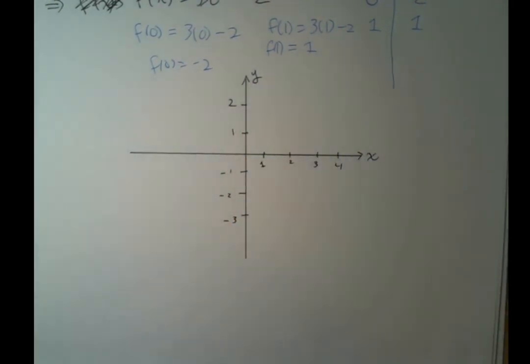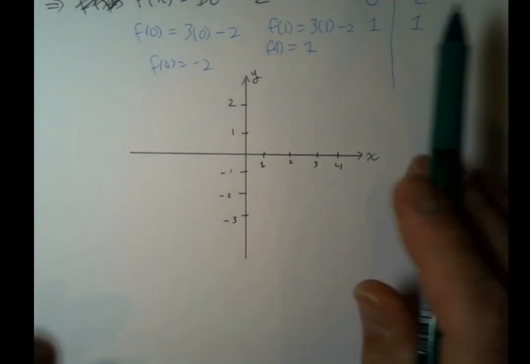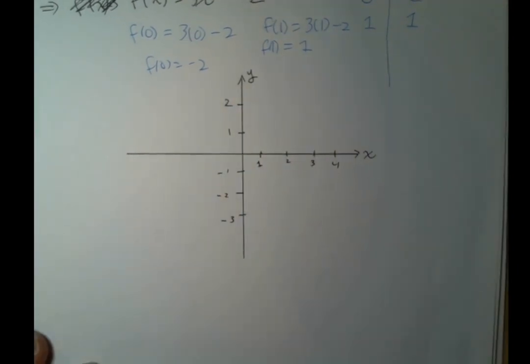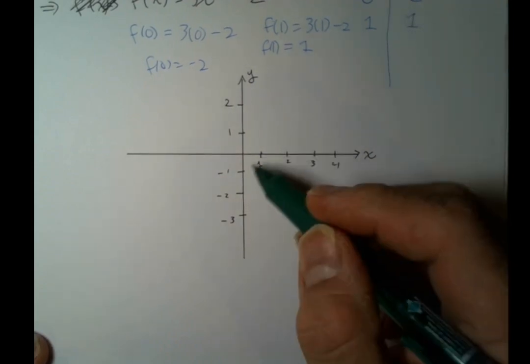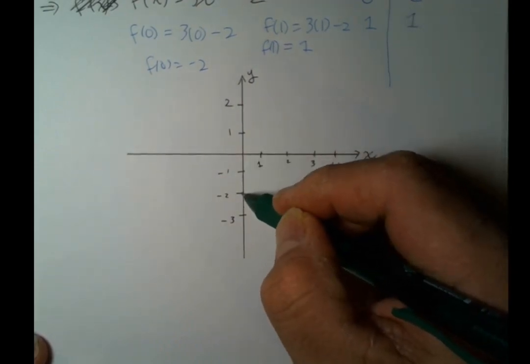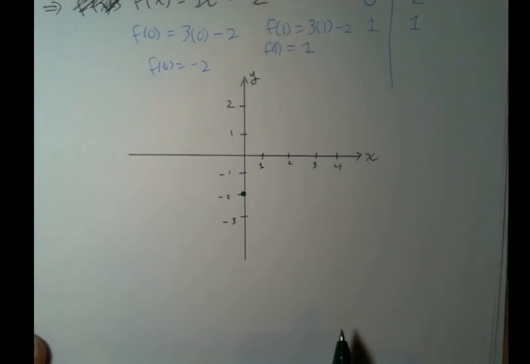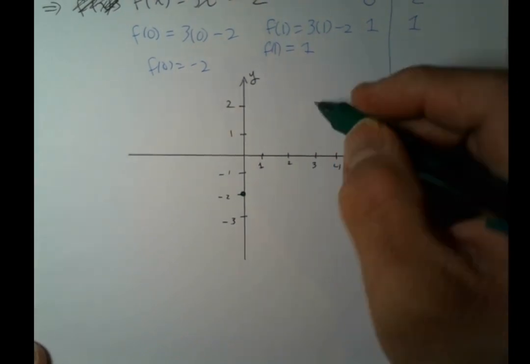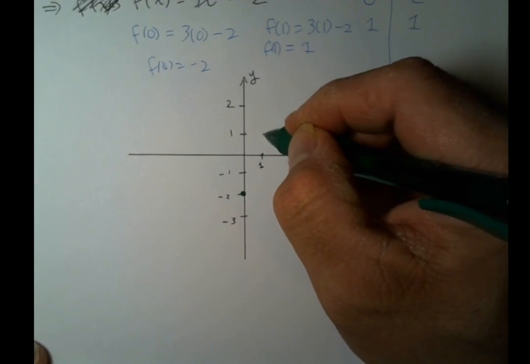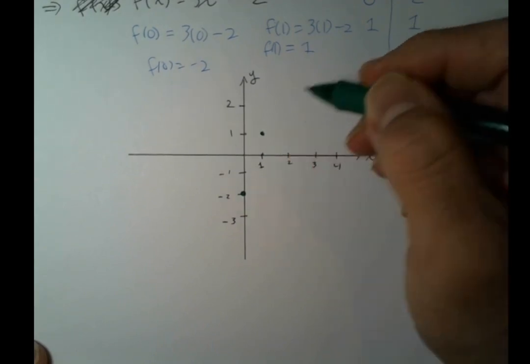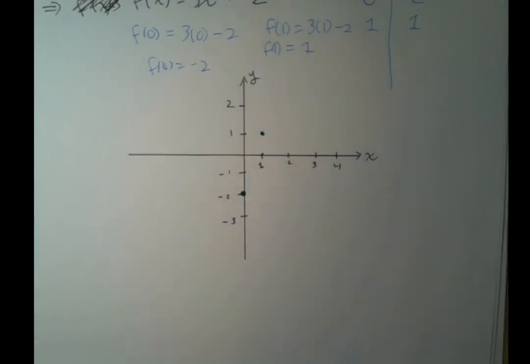So I have two ordered pairs. The first one is 0, negative 2: 0 in the x direction, and then negative 2 in the y direction. That's my first point. My second point is 1, 1: 1 in the x direction, 1 in the y direction. That is my second point.